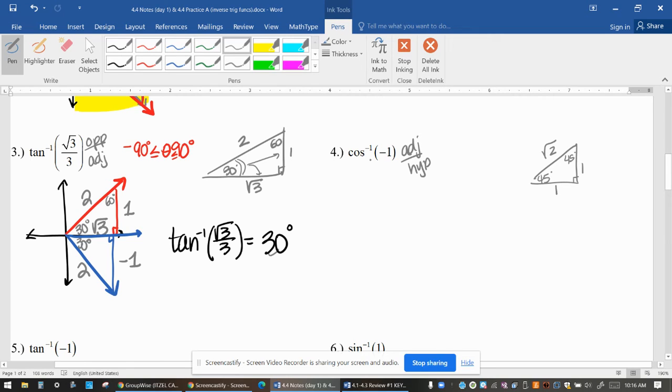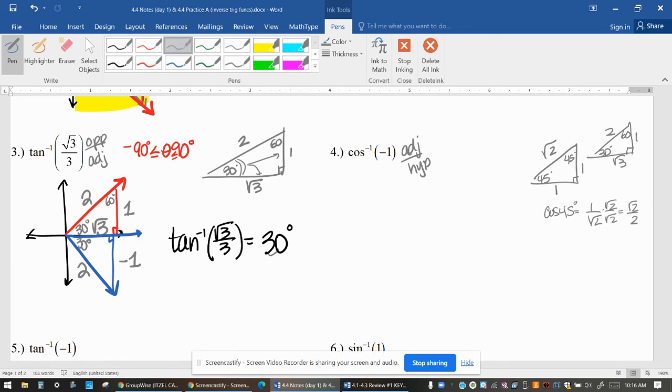But think about it. If I take the cosine of 45, that's adjacent over hypotenuse, and that ends up being root 2 over 2. That's not what I want. So no matter which 45 you use, if you try to find the cosine of 45, you're going to get root 2 over 2. Again, the 30, 60, 90 was not a possibility because no matter whether you look at the 30 or the 60, adjacent over hypotenuse would never give you negative 1 or 1.